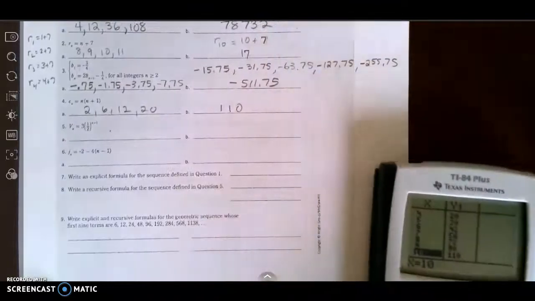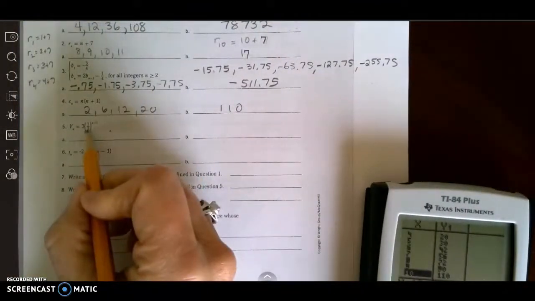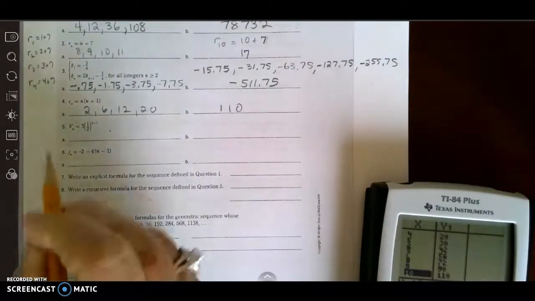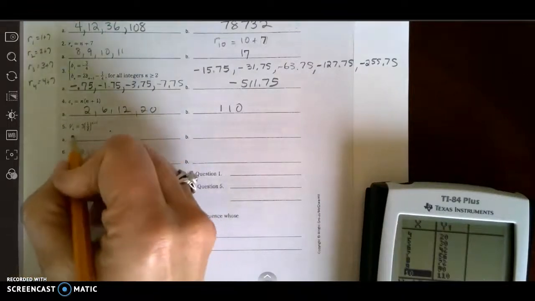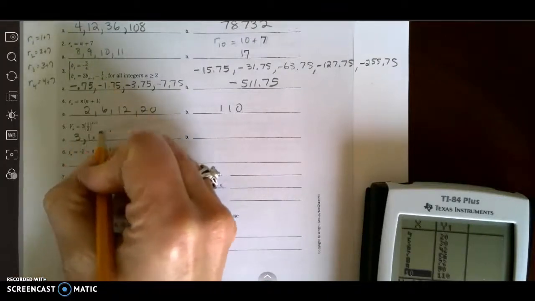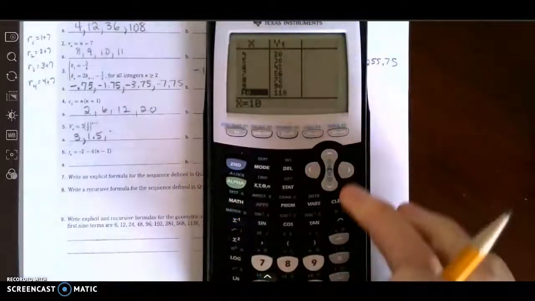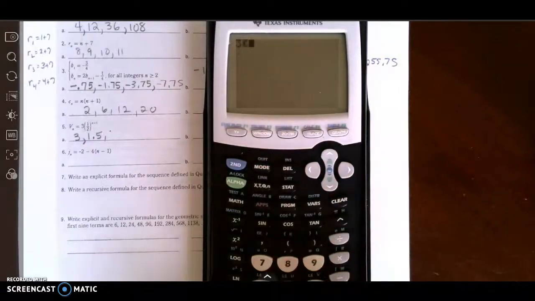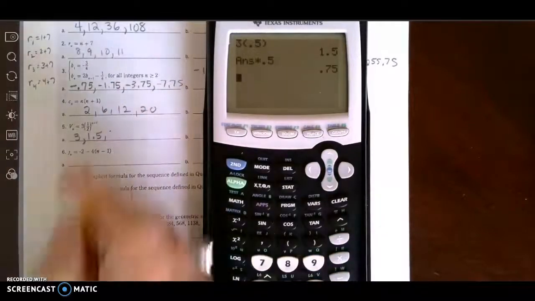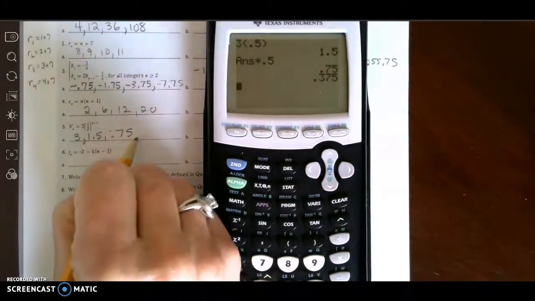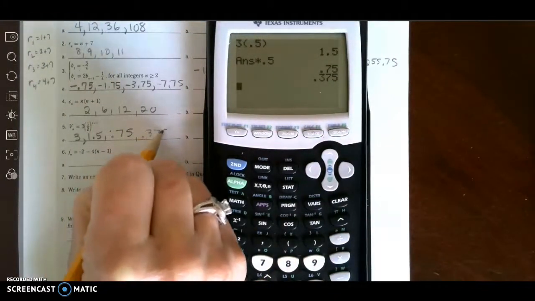All right, my 5th problem here. 3 times a half to the n minus 1. So my first term is 3, and then times a half is 1.5. Again, 3 times 0.5 gives me 1.5, times 0.5 gives me 0.75, and I can just start hitting enter. 0.375.